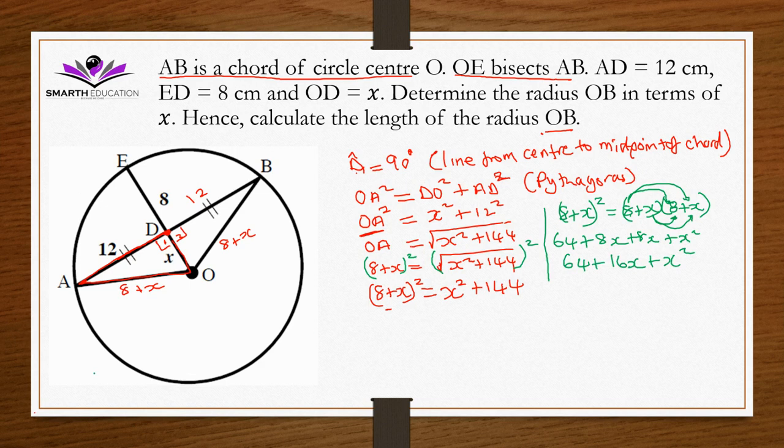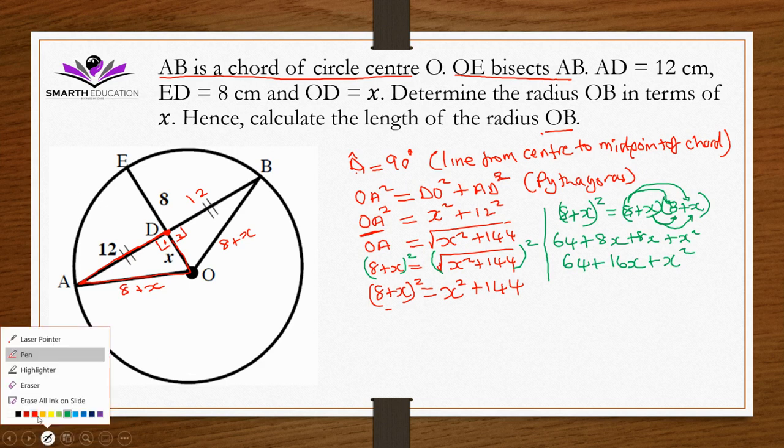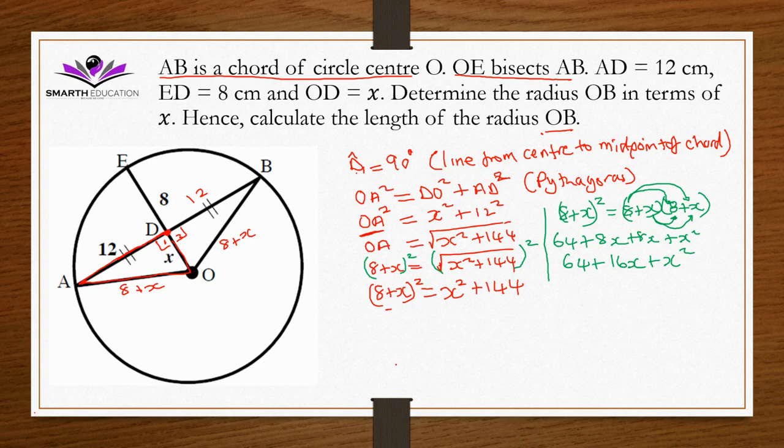But let me show you the other method which you can use to expand a square binomial. You square the first term. Let's call 8 the first term and x the second term. So you square the first term, which is 64. You take the sign between the terms, which is plus, and put it here.